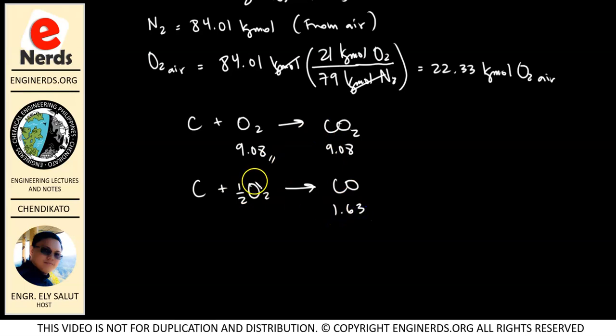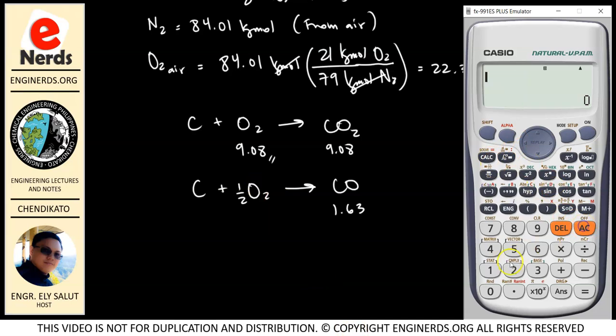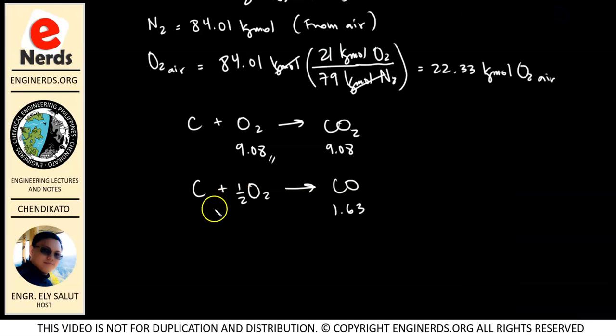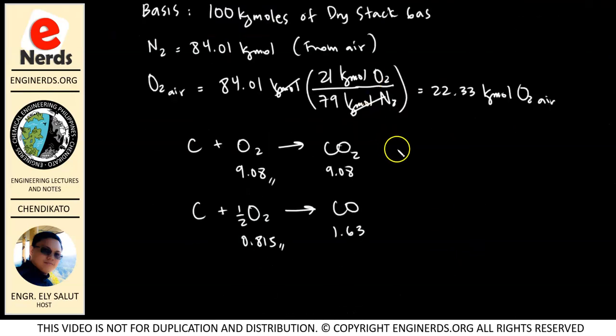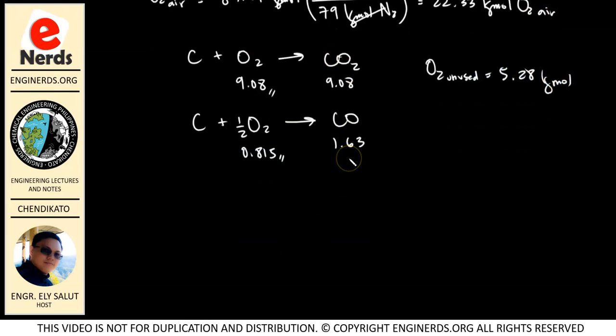So, 1/2 of 1.63, we have 0.815 kilogram mole. Okay, and we have unused O2 here, which is 5.28 kilogram mole.